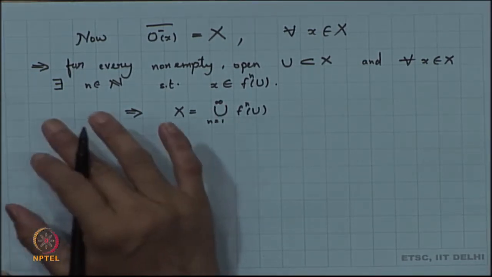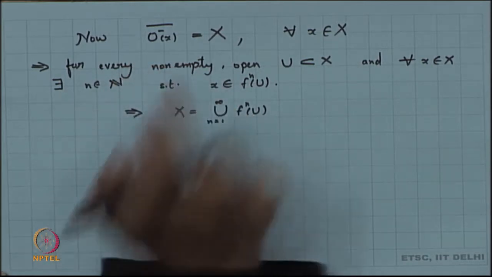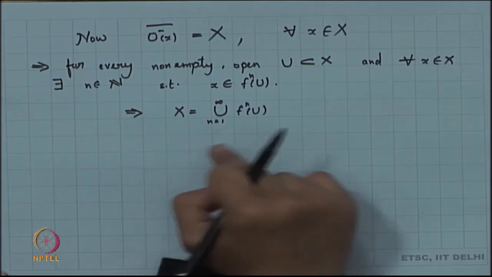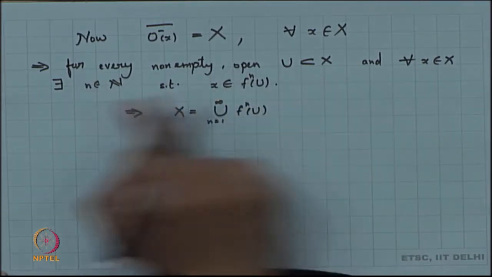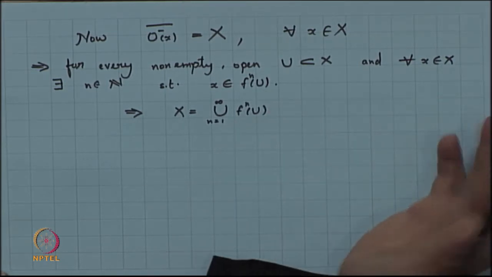Clear to all of you? The backward orbit of every x being dense in X gives me that, for any given U, X can be written as the union of f^n(U) for all n.